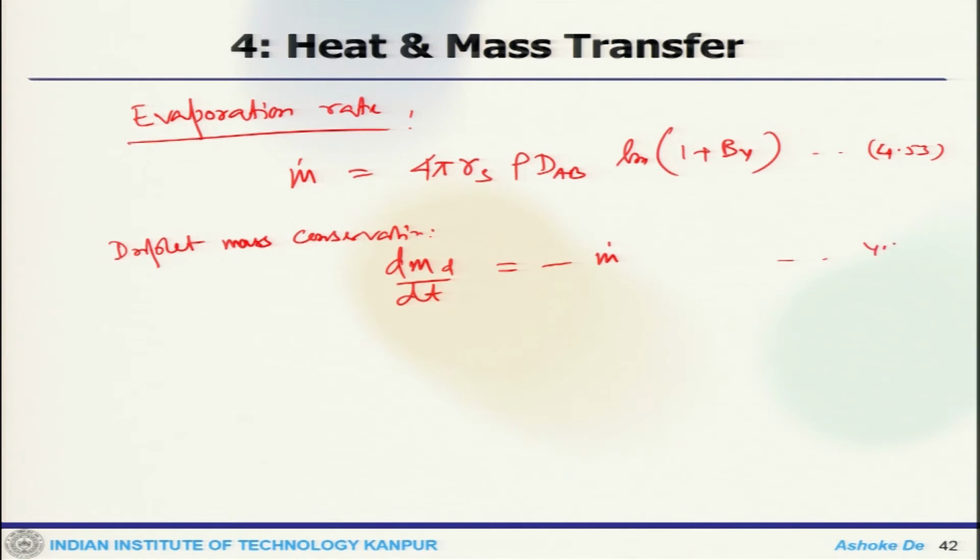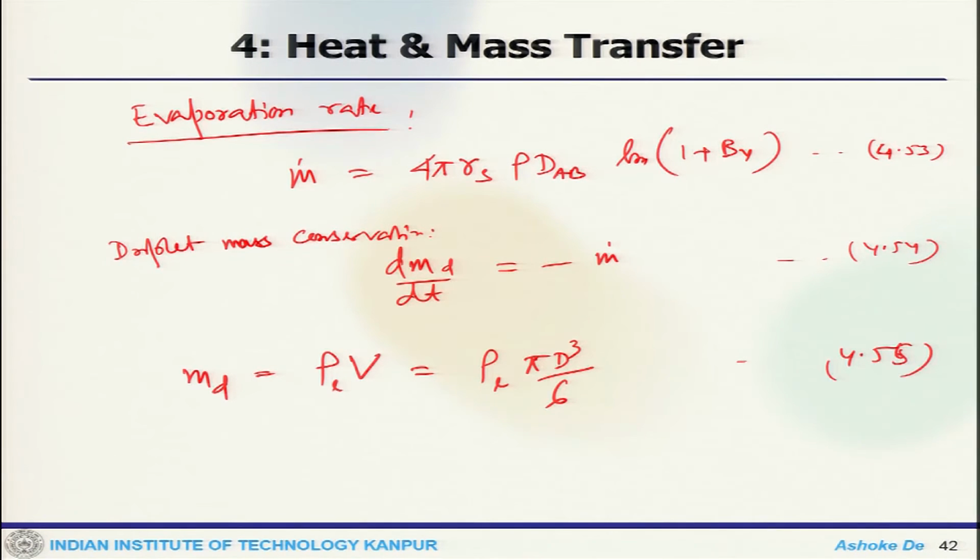That is what you get, where m_d is given as rho liquid into volume, rho_L pi d cubed by 6. That is equation 4.55.